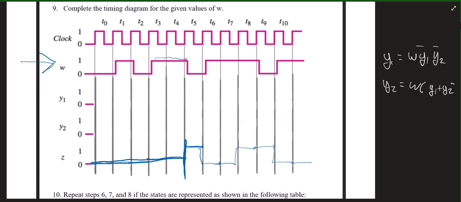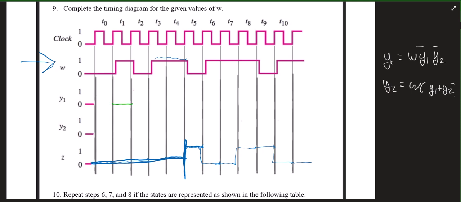Okay. So now, notice that, and this is just going to be a little bit of a shortcut, both Y1 and Y2 have W anded to something. So that means if W is 0, the whole thing is 0. But also remember, we're always looking at the clock cycle before. So when the clock cycle before had a W equal to 0, then we know Y1 and Y2 will be 0.